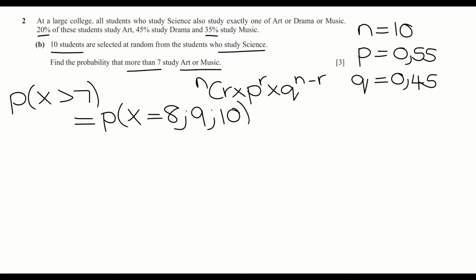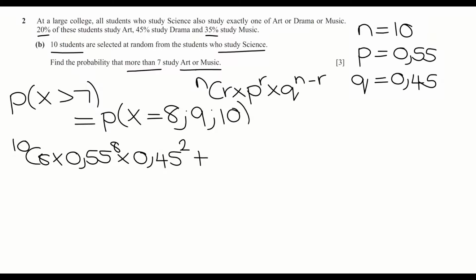These are the values we need to substitute into R. Let's start with 8. N is 10, so we can say 10C8 multiplied by 0.55 with an exponent of 8 multiplied by 0.45 with an exponent of 2.